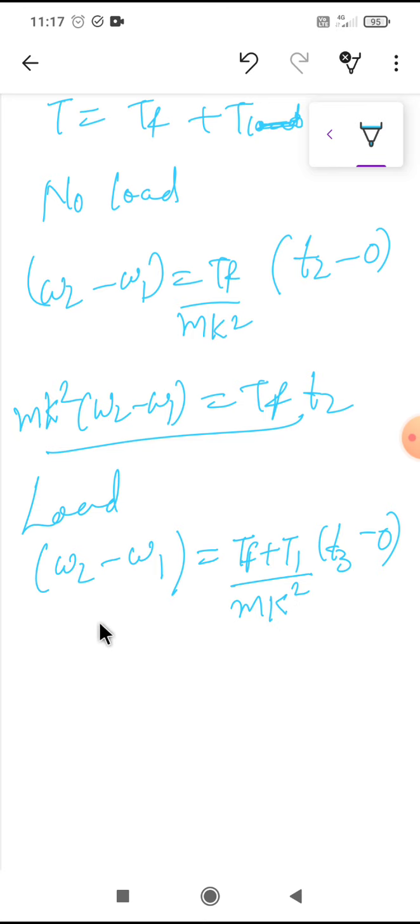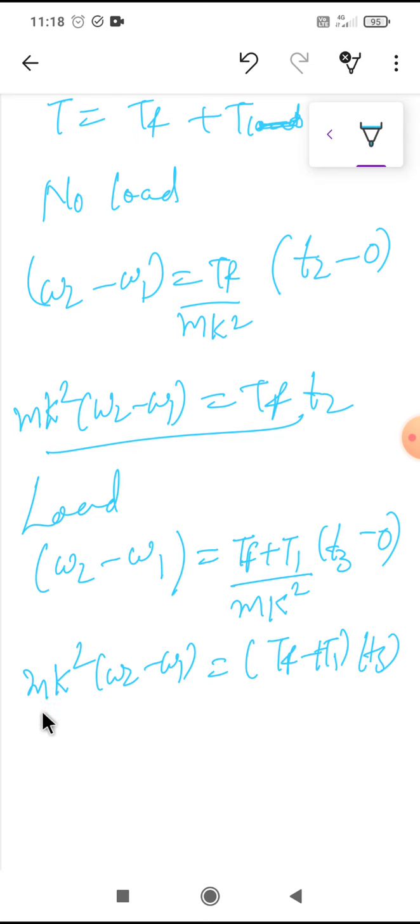If I bring mk square to the left, we get mk square into omega 2 minus omega 1 is equal to Tf plus TL into T3. This left side is the same as Tf into T2, so Tf into T2 is equal to Tf plus TL into T3. This equation we will use.